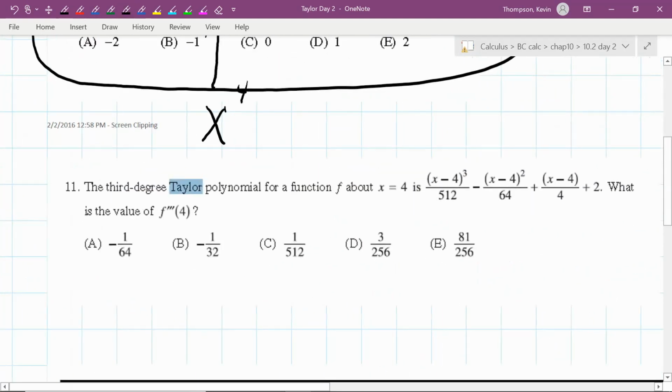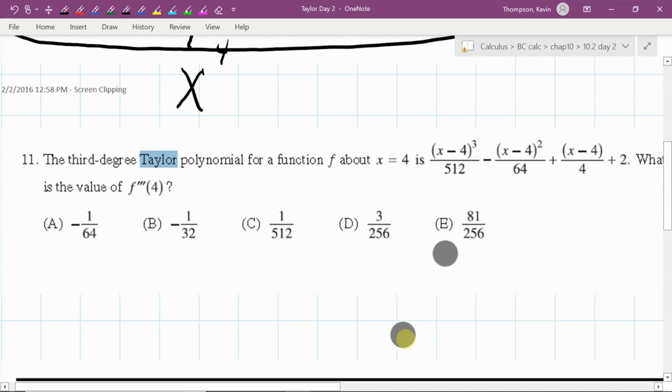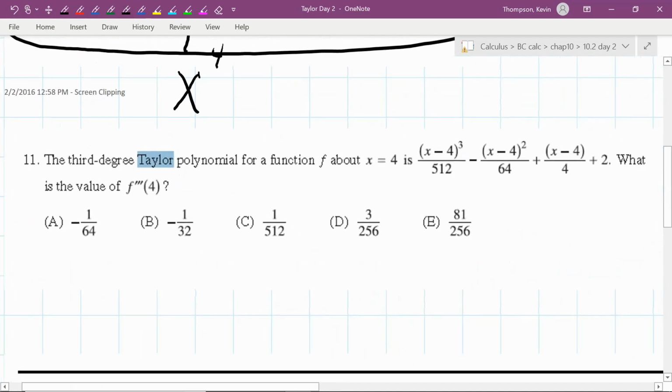Here's another one. Third degree Taylor polynomial is there. What do you think? This is a no calculator question. I think all of these are, but if you need to grab your calculator, do arithmetic, I don't care. Tell me the answer. Tell your neighbor, work together.